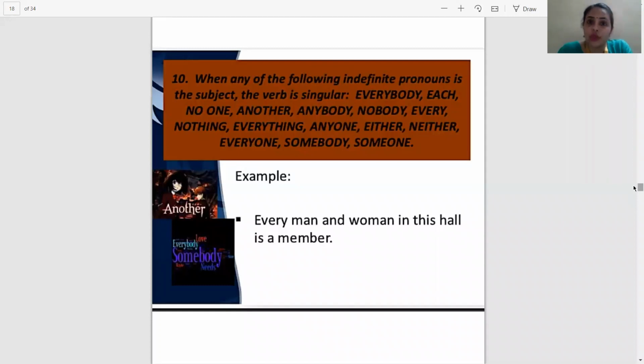There is also a catch when you are using each and every. Every means every, it's a big lot, and each means the smaller lot. Clear? So every man and woman in this hall is a member. Every man, we are talking about one, so it becomes singular.